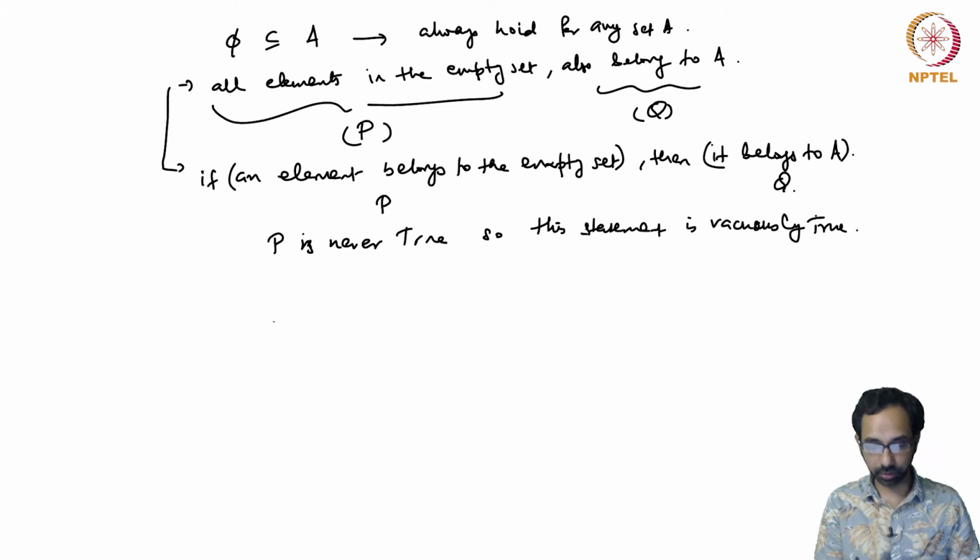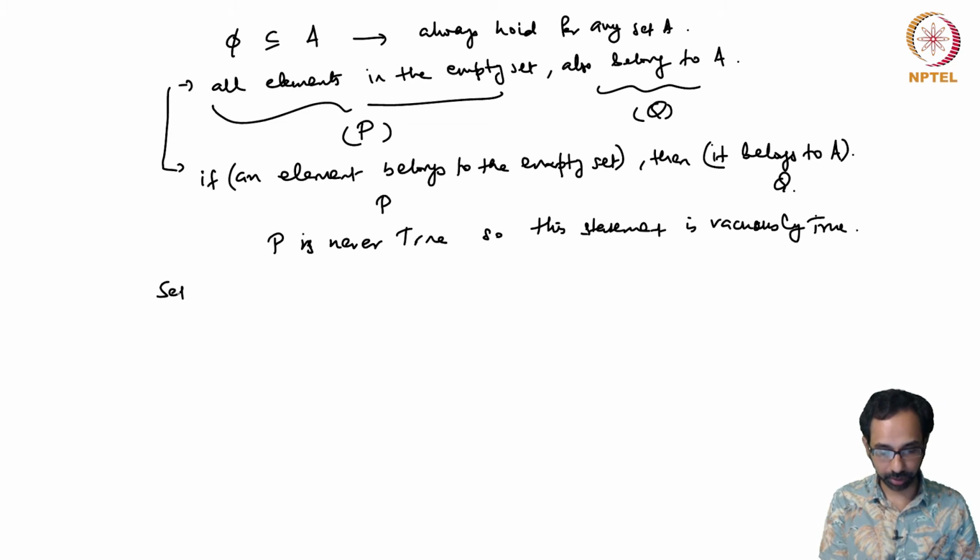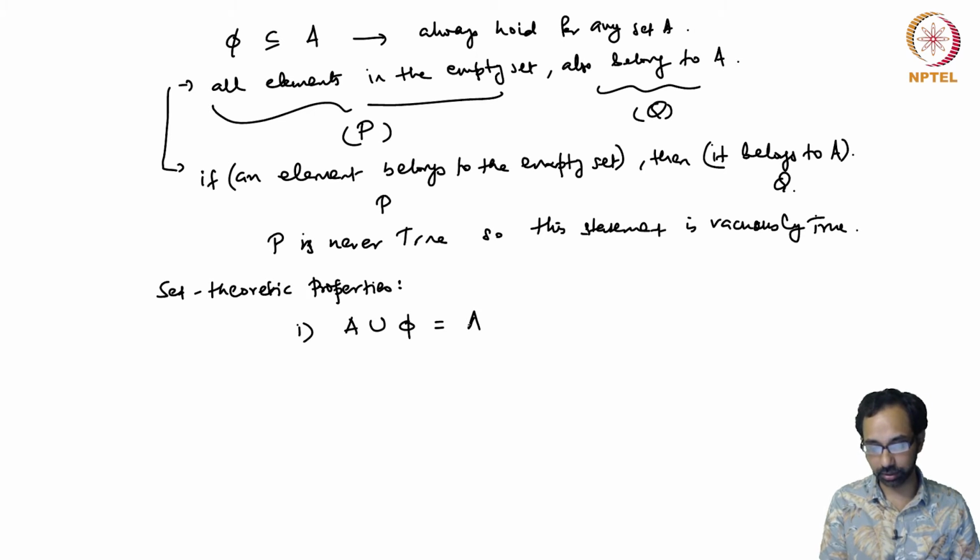Now let us look at a couple of set theoretic properties of the empty set. The first is that A union with the empty set is always the set A, and the second is that A intersection with the empty set is always the empty set.